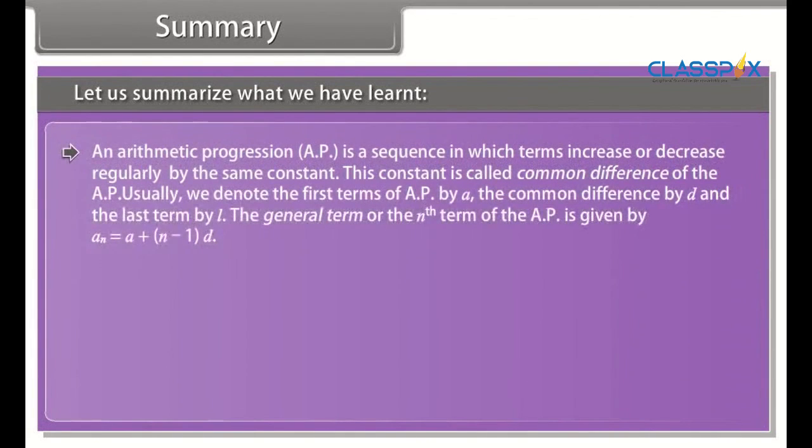An arithmetic progression, AP, is a sequence in which terms increase or decrease regularly by the same constant. This constant is called common difference of the AP.